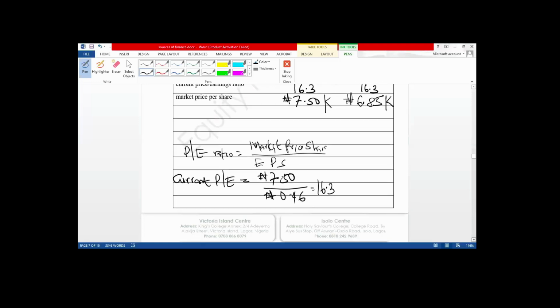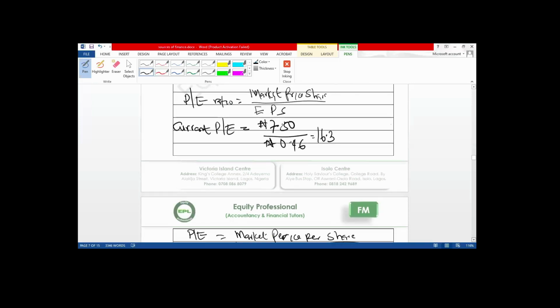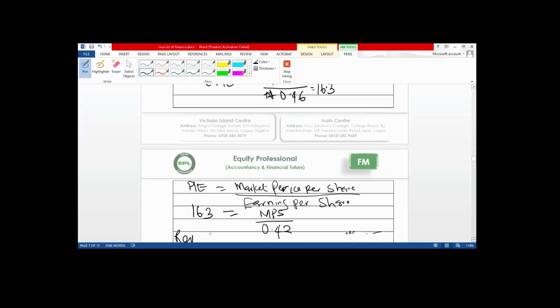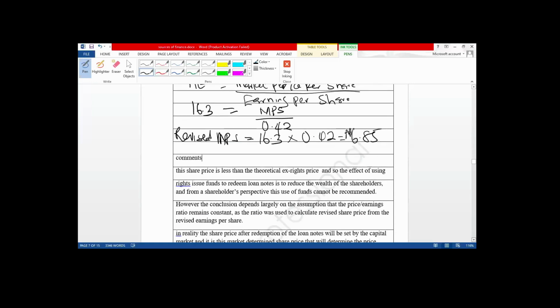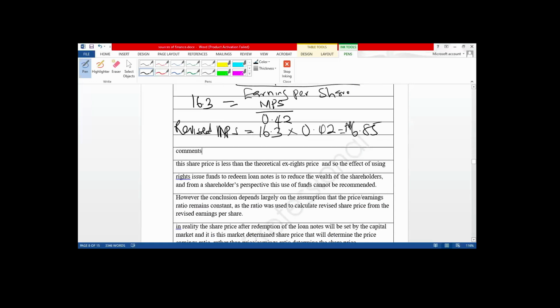Look at the comments. Even theoretically, the calculated theoretical strike price, the expectation is that it should be 7 naira 20 kobo. This price is even less. Look at the comments.